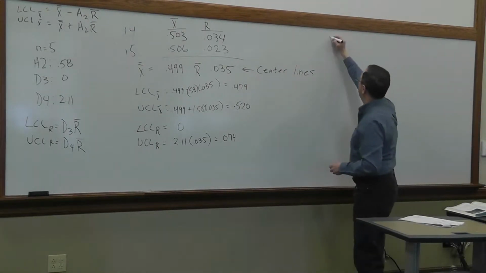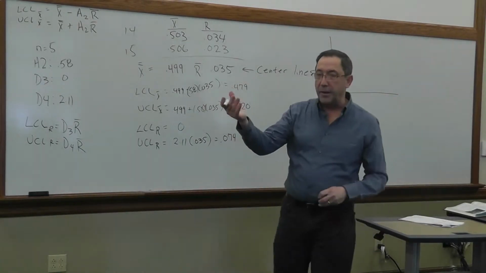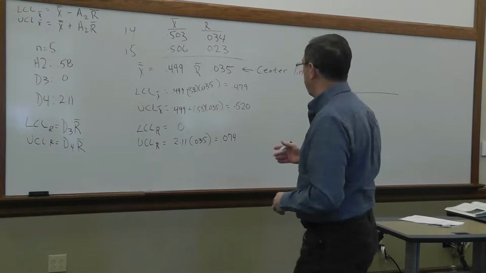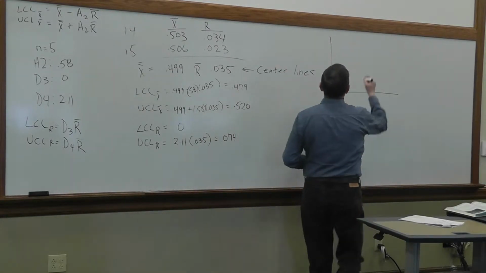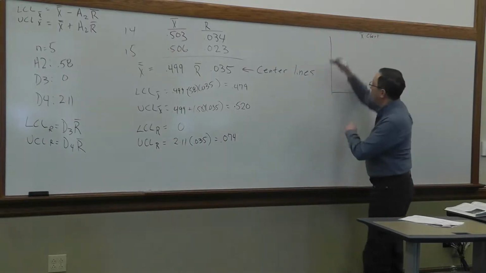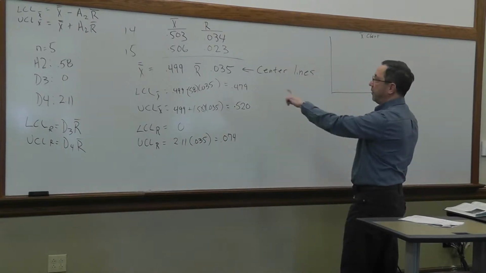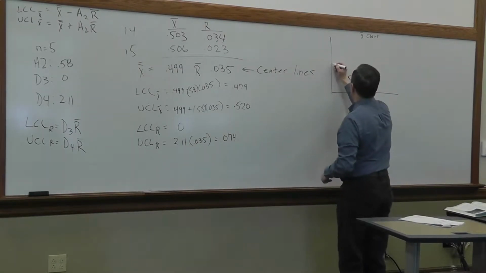And so what you'd end up with is a template for creating your first or your initial control charts in this situation. So for an X bar chart, you would appropriately size the y-axis. The center line would be 0.499.